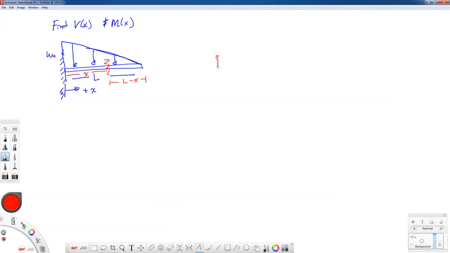So here's my cut. Here's my beam. I know this is distance L minus x. And I have part of this triangular distributed load. Now, it's important to realize that the height right here is not W naught, but it's something less than that.